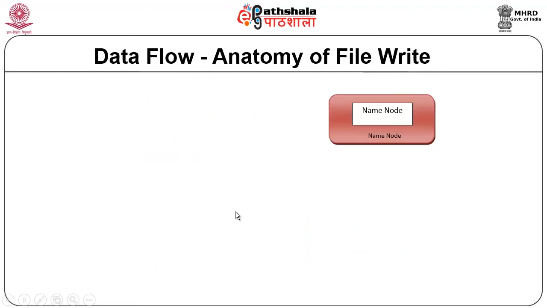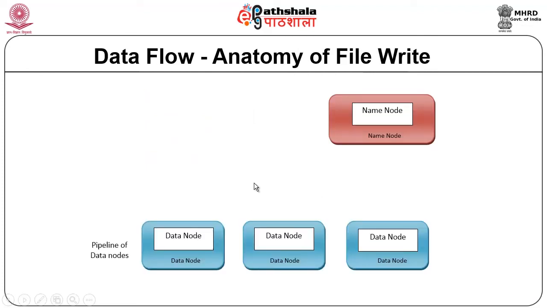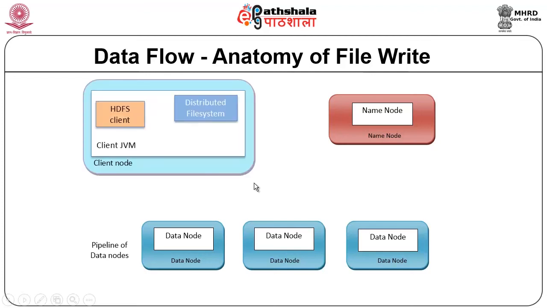In case of write, which is maybe the first time it is writing, it will have the write information, it will send the write information to the name node to create the blocks, and then it will send the data. The data is written in a pipeline manner.